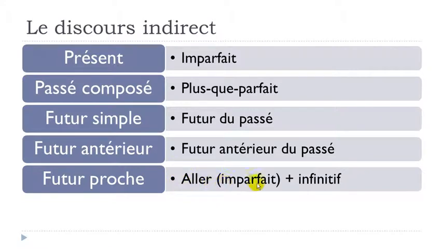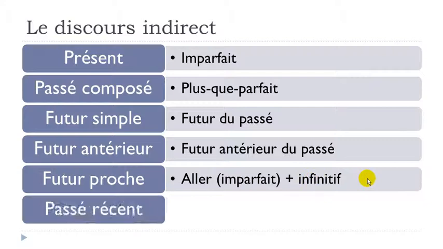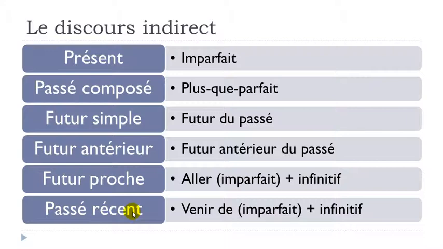You should put this verb at the imparfait and then the rest of the structure. If you've got the passé récent, then the only thing, like we had for the futur proche, the only thing you will have to modify is the verb venir, and you should put that at the imparfait form. Then don't forget the preposition de and your infinitive after.